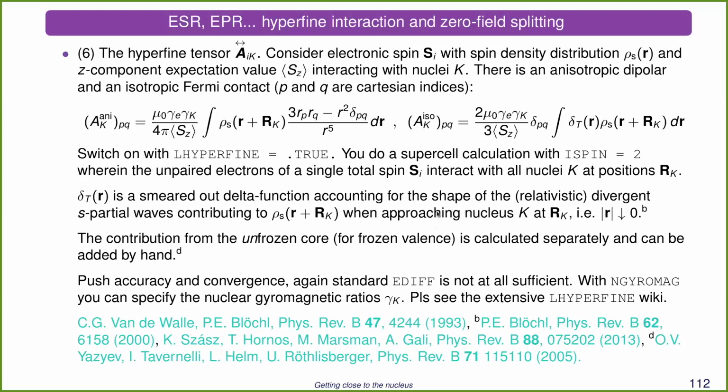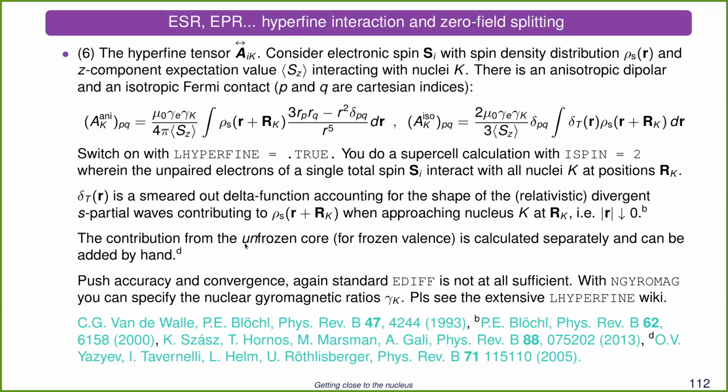When you do a calculation here, you have to switch on LHYPERFINE equal true in a supercell, and you have to allow for spin polarization. I will do ISPIN equal 2. And then you get this reported. But there is also a core contribution to this, which is calculated separately.